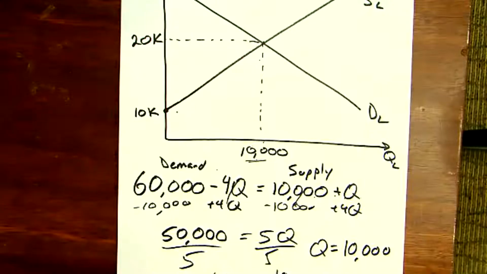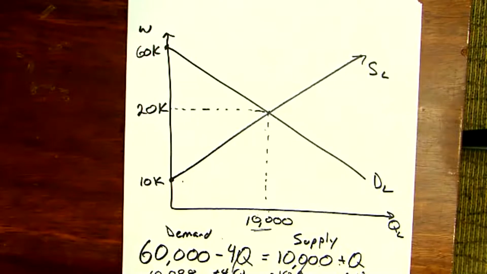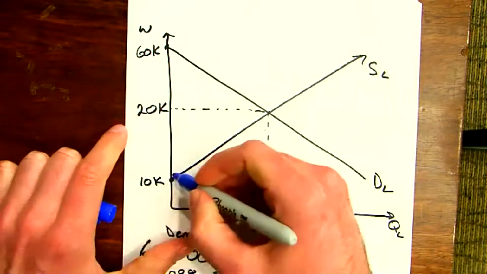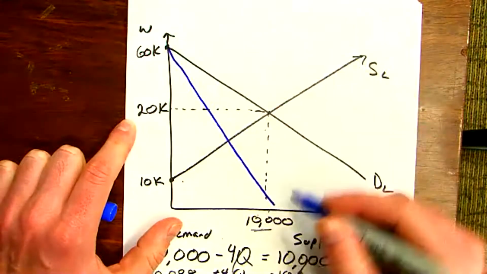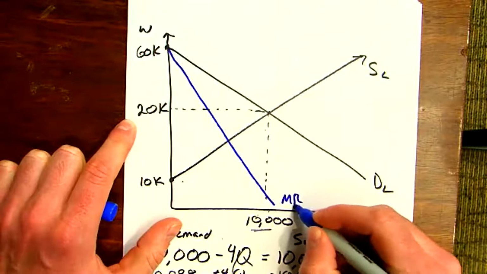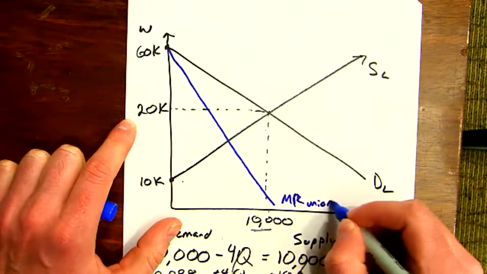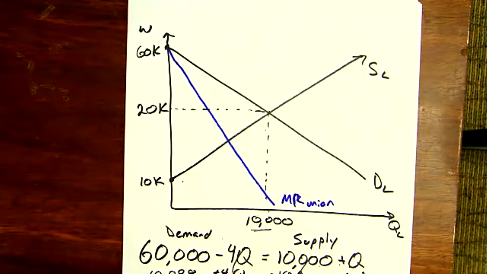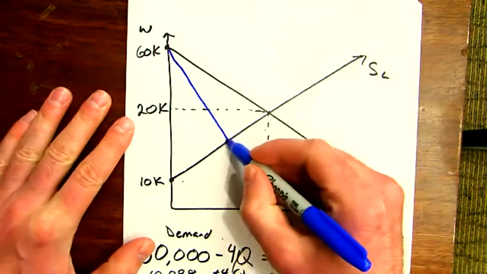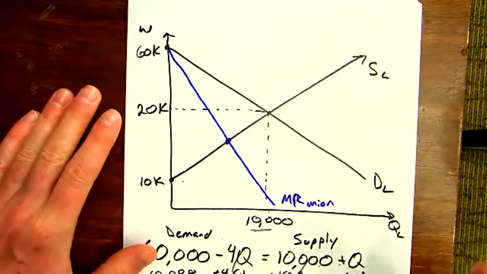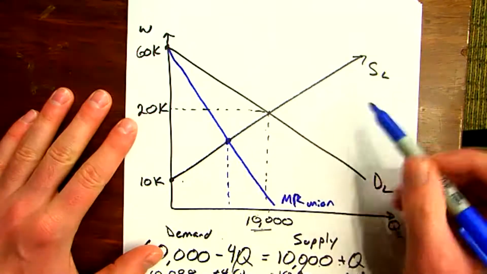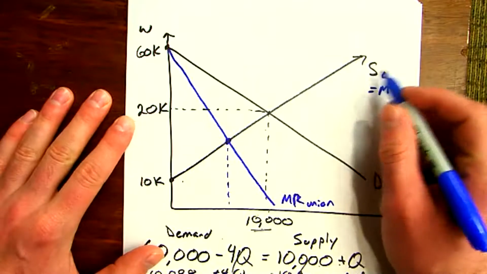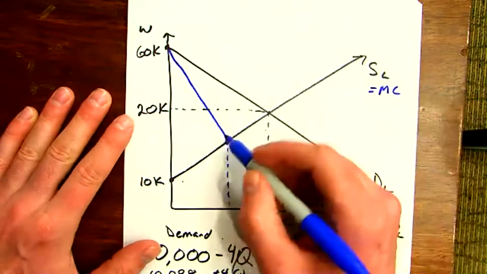Well, we know that if they're an industrial union, they're going to be facing this twice as steep marginal revenue curve. So we can think about this as the marginal revenue that the union is going to make decisions based off of. The optimal number of workers here is going to be where that marginal revenue curve hits the marginal cost, or the supply curve for labor.